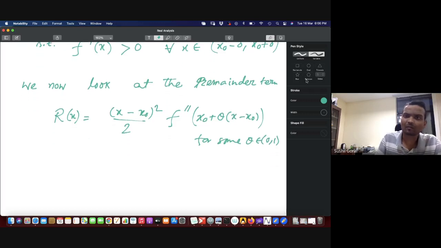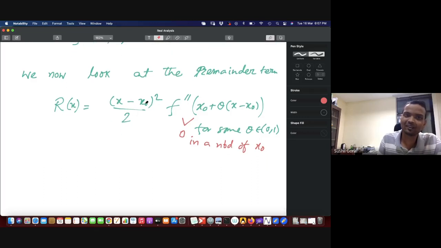Now this part is greater than 0, right? In a neighborhood of x naught, which means for any theta here, as long as x lies in a small neighborhood of x naught, this is fine. Now look at this one. So do you see the similarity of this function with f of x equal to x squared?